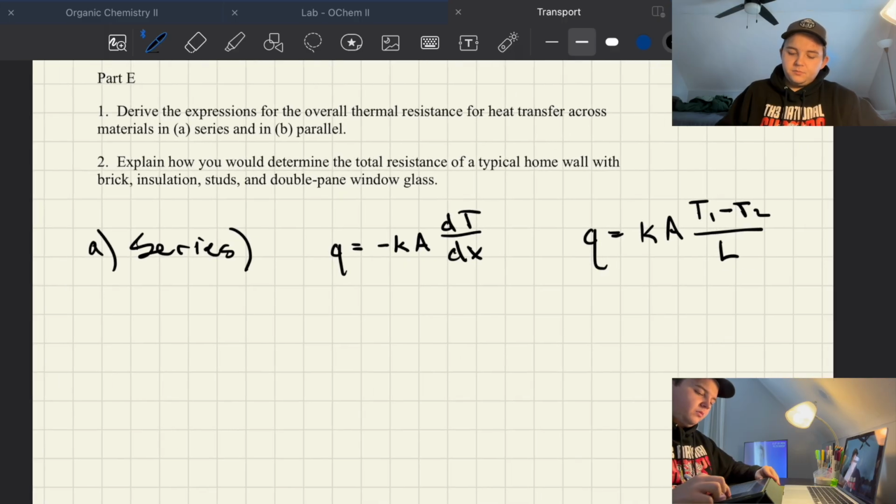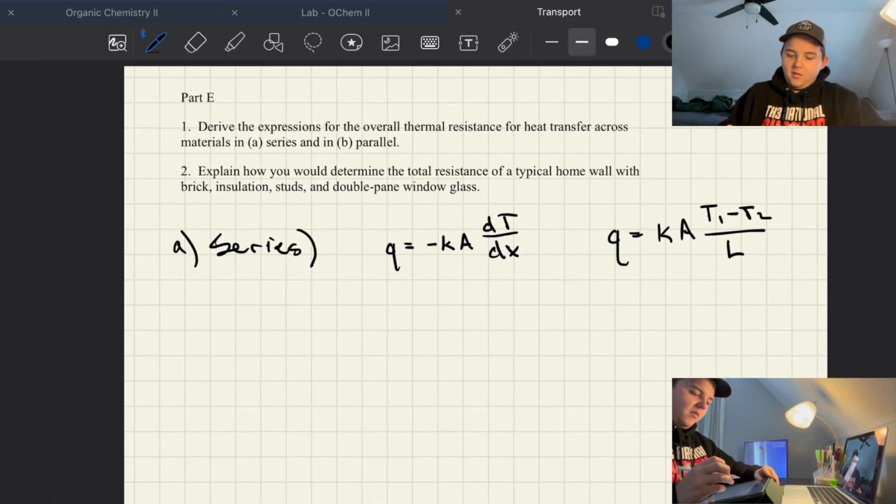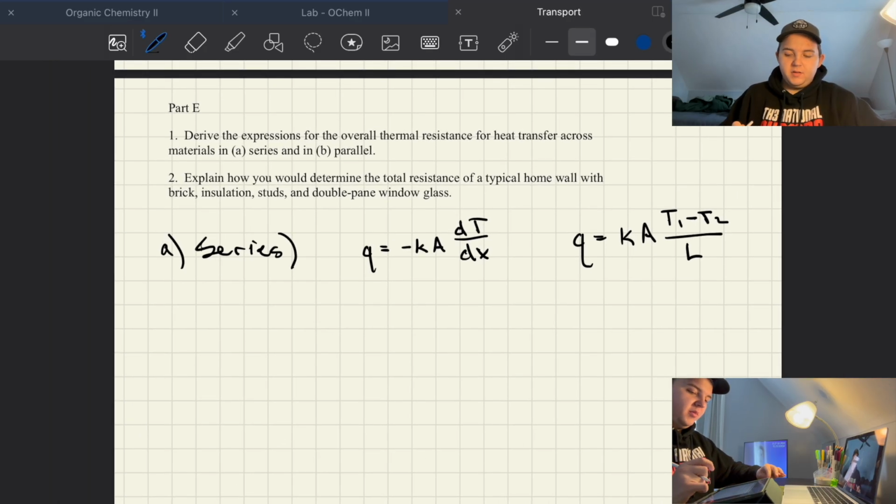There we go. So what we did here is we just made our dx our length and made our dT our difference in temperatures.